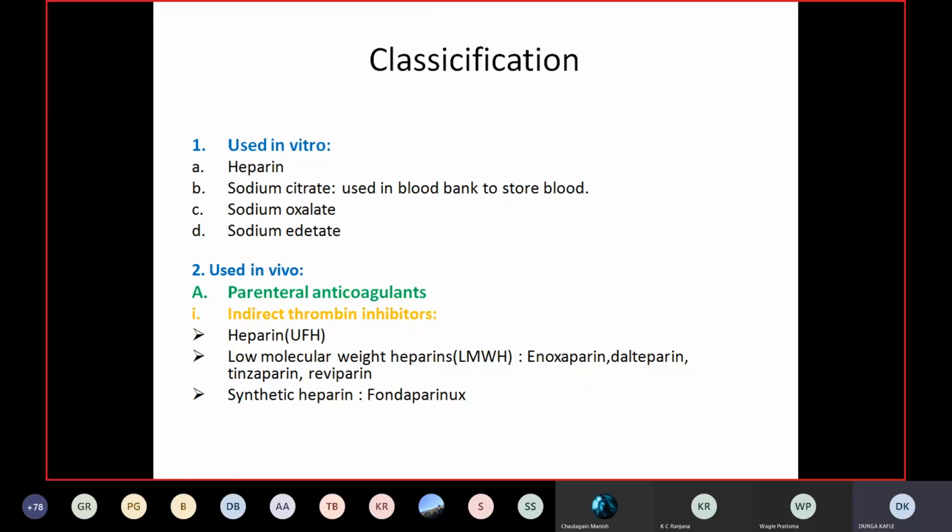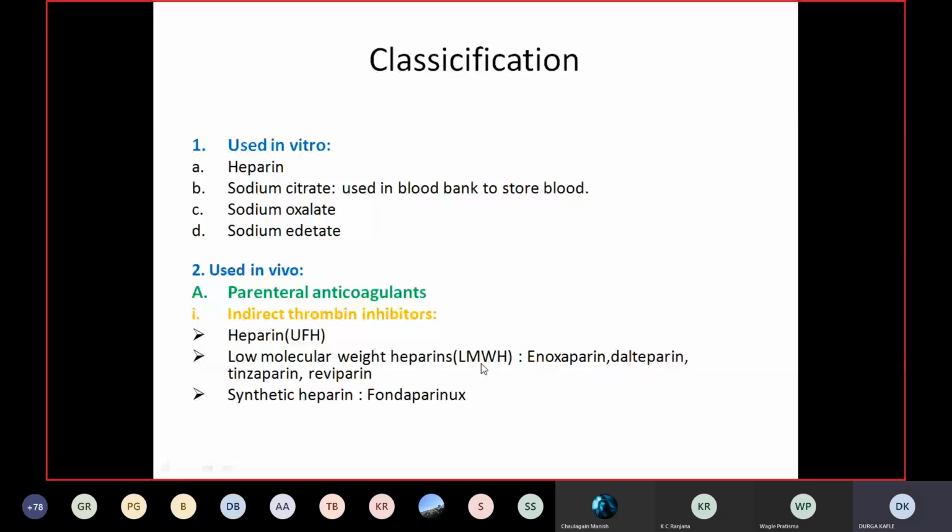In that we have heparin, that is unfractionated heparin, a long chain heparin, and low molecular weight heparin, a fractionated heparin. In low molecular weight heparin, we have enoxaparin, dalteparin, tinzaparin, and reviparin. Likewise, we have synthetic heparin, fondaparinux.